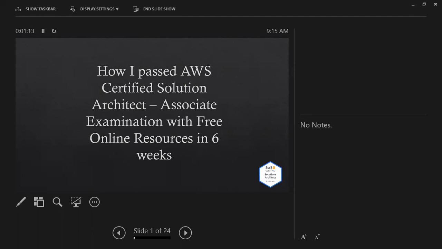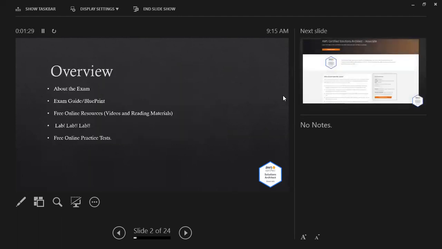As we know, the AWS Certified Solution Architect exam is one of the most popular, in demand, and respected cloud certifications. Before we dive further, I would also like to talk about the exam, just the overview.